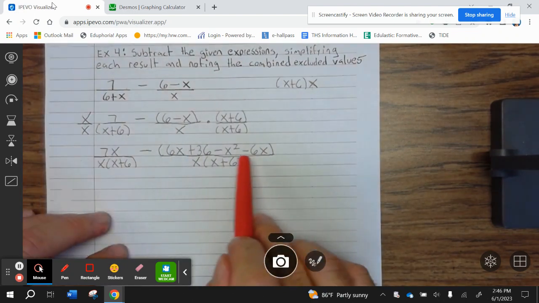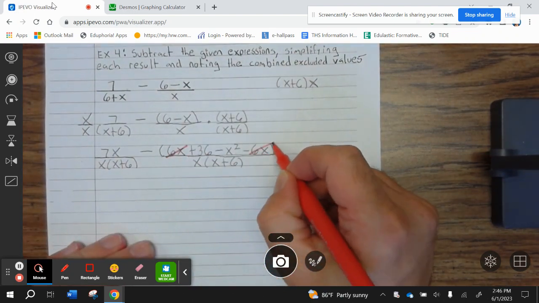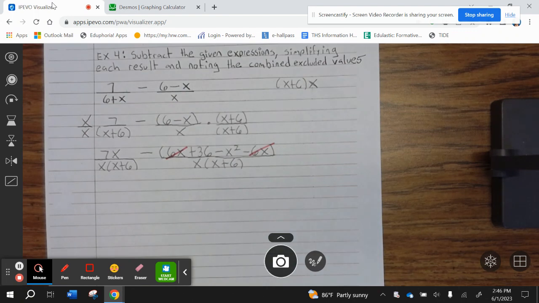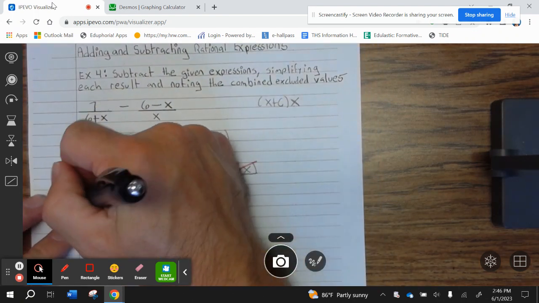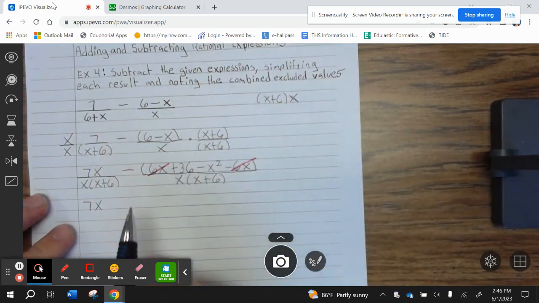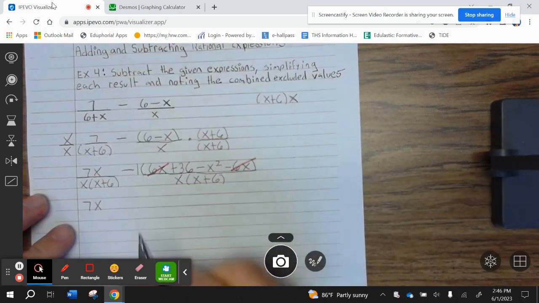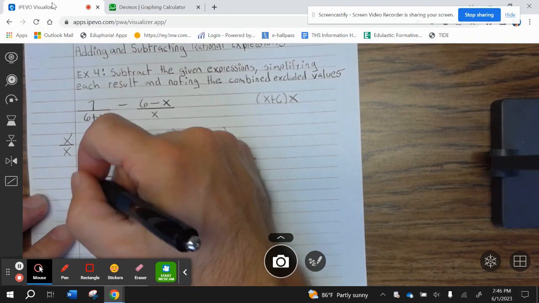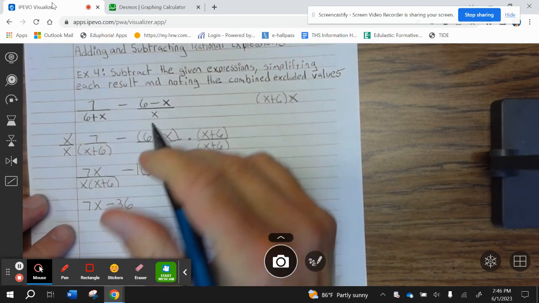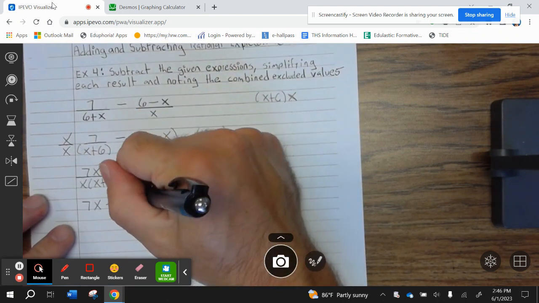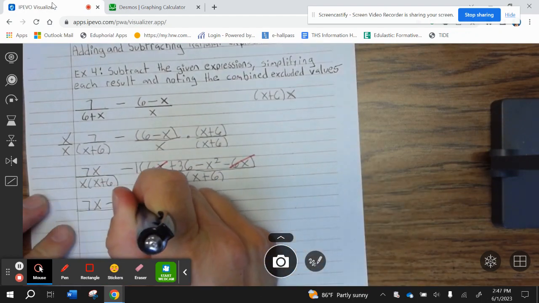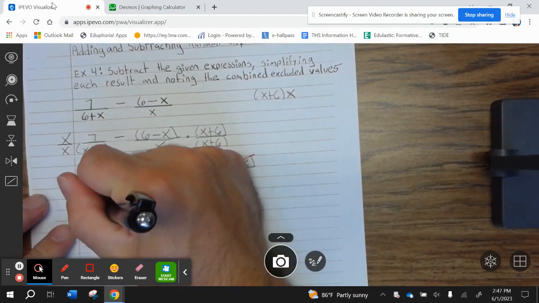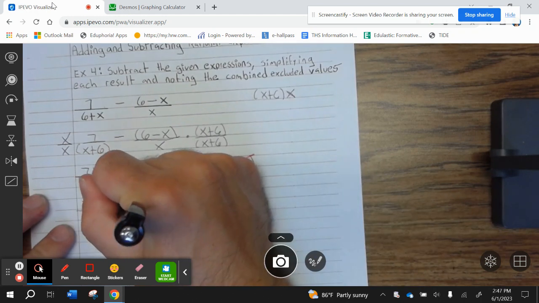Now, the 6x minus 6x cancels. We now have the same denominator, so we can combine the numerators. So that's 7x. We need to multiply everything in the parentheses by negative 1. So negative 1 times 36 is minus 36. And negative 1 times x squared is plus x squared. Divided by x times x plus 6.